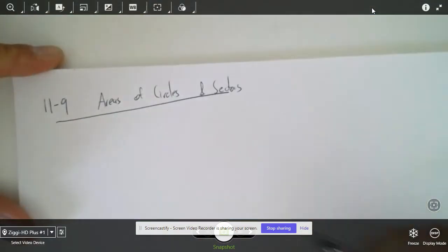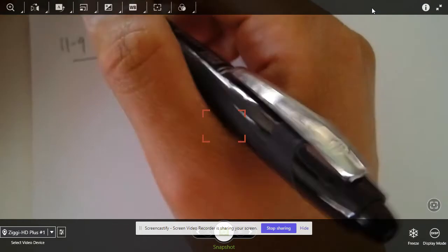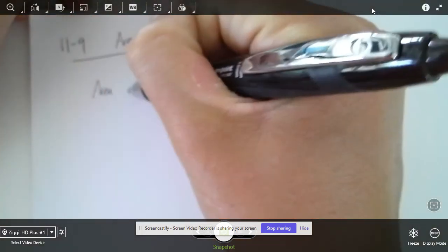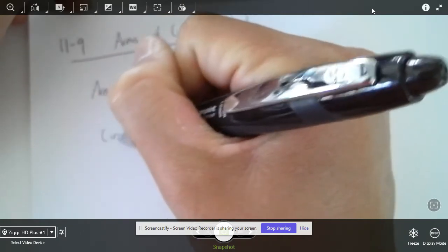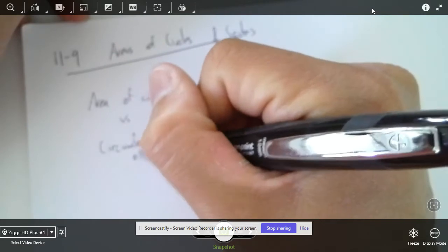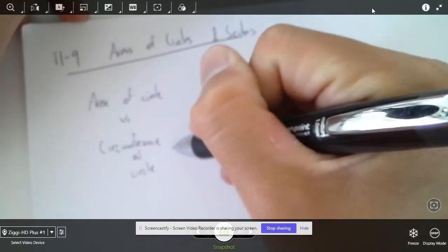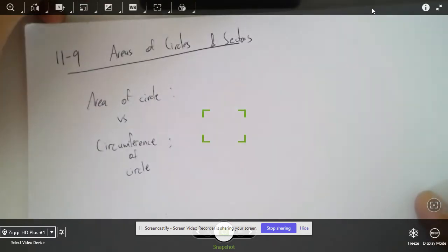And if you remember, sorry, it's a little crooked here, my writing. If you remember, the area of a circle versus the circumference of a circle are two very similar formulas.